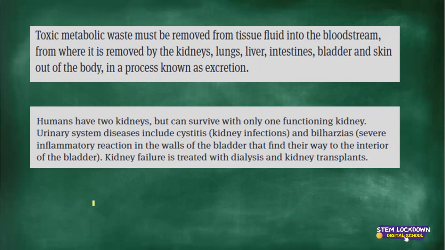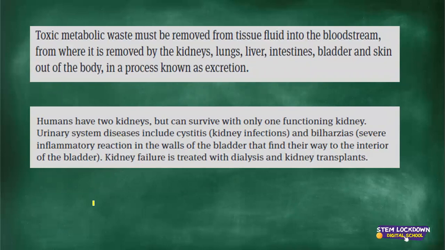So this waste that you produce needs to be removed from the tissue fluid into the bloodstream. The kidneys will give you the waste, like the excess salts, right? From lungs, you'd get what? You'd get the carbon dioxide. From the liver, you'd get the fats and the sugars.